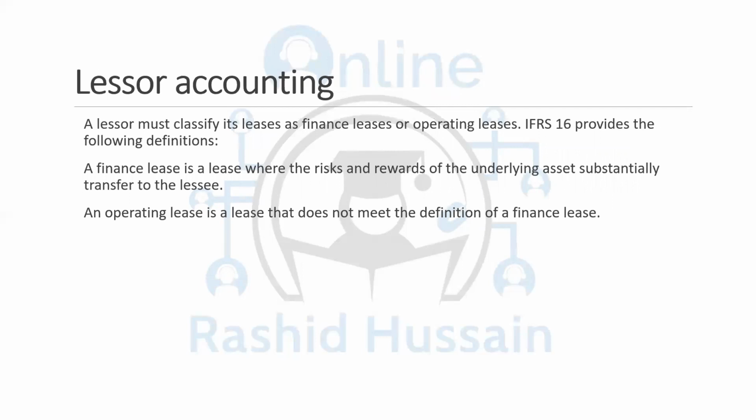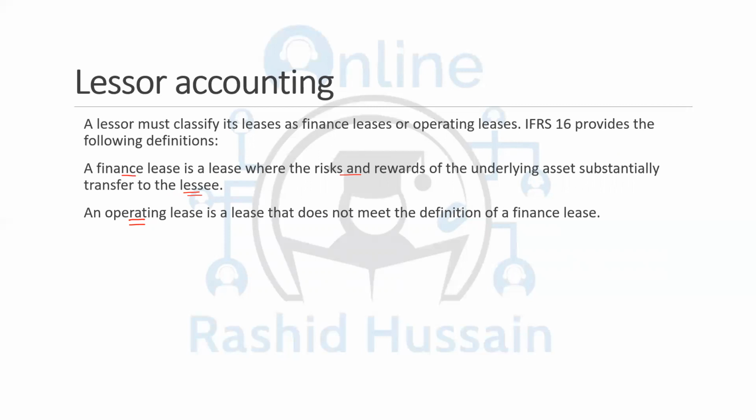Now we have the lessor accounting. Remember one thing, that lessor accounting is somehow, you can say, opposite to the lessee accounting. And it works the same way, the finance lease and an operating lease. Now the finance lease is where the risk and rewards are transferred to the lessee. When the risk and rewards are transferred to the lessee, that means it is supposed to be an asset of the lessee, not the lessor's asset. But the lessor will be getting the payments.